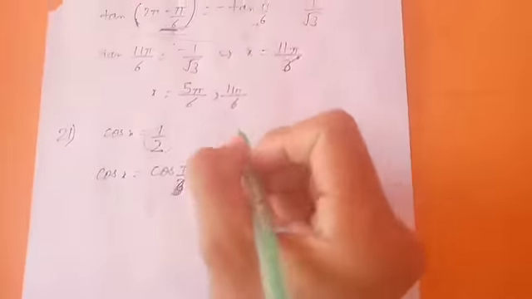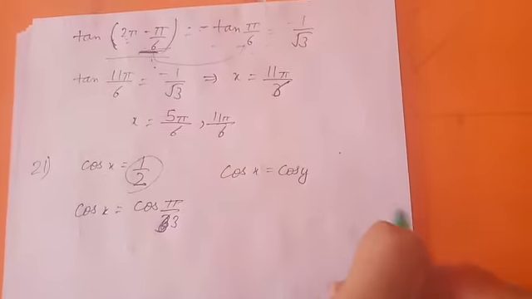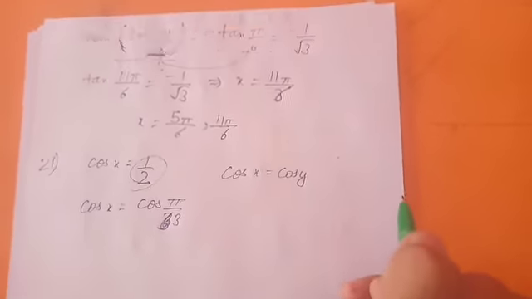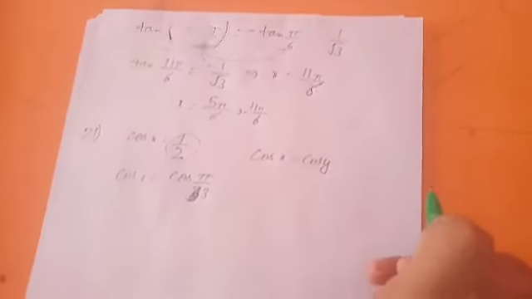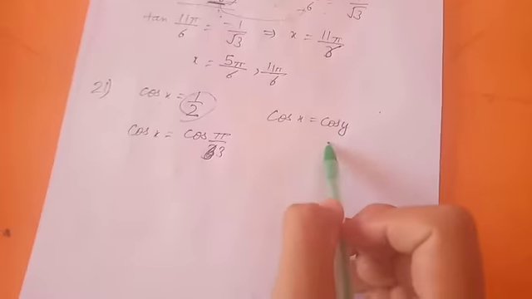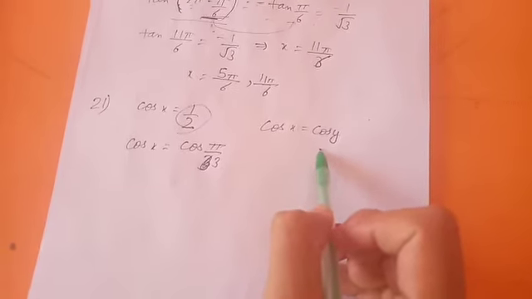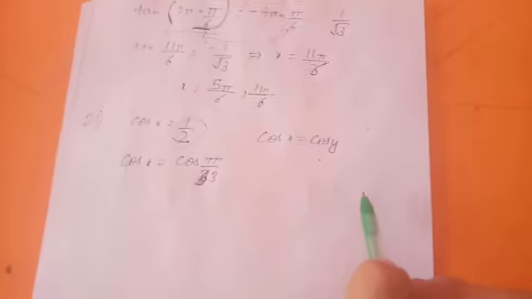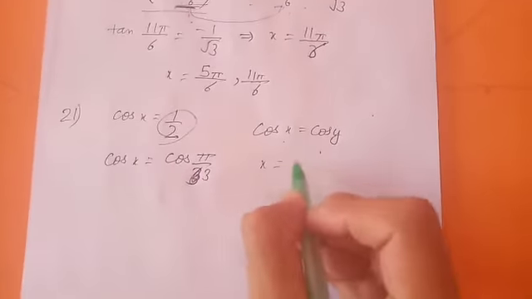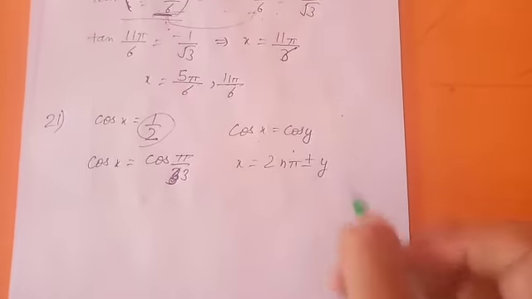Now we have got the same form, that is cos x equal to cos y. That was in our theorem number 2. Now if cos x is equal to cos y, what is the general solution for cos? It is that x will be equal to 2n pi plus or minus y.